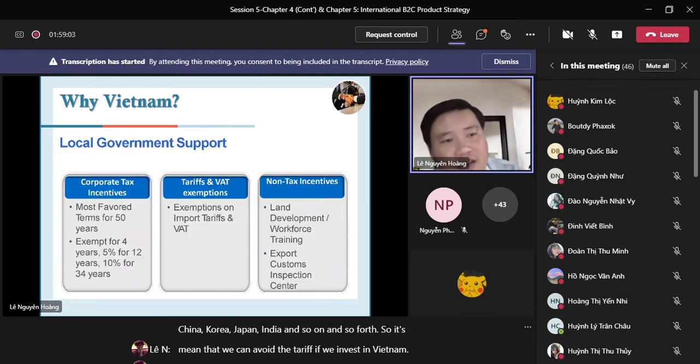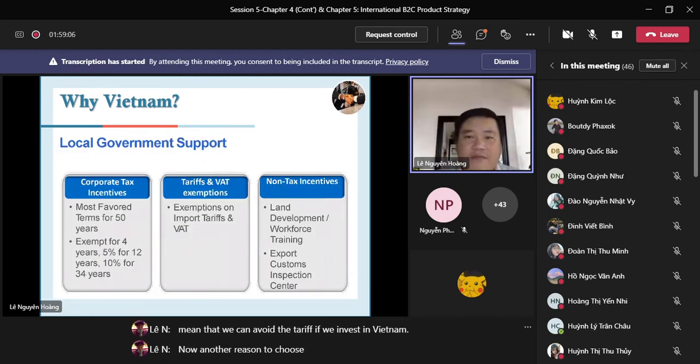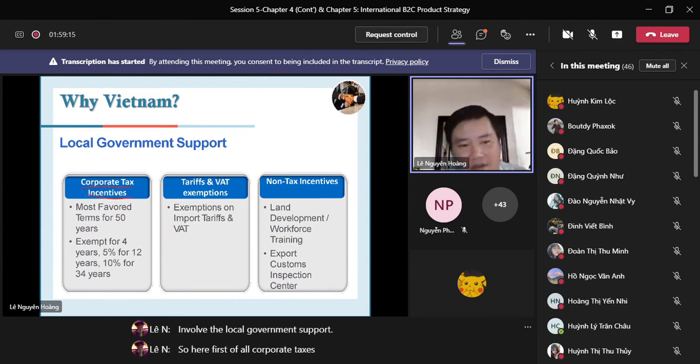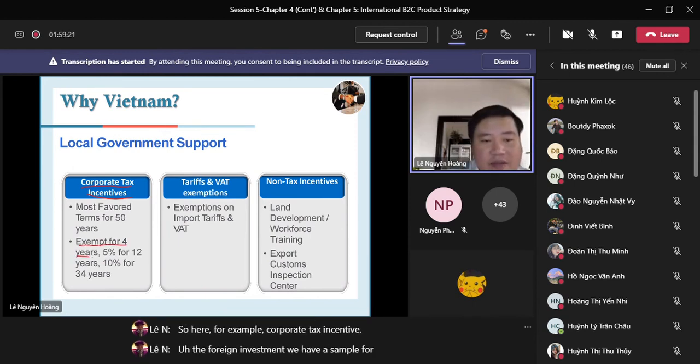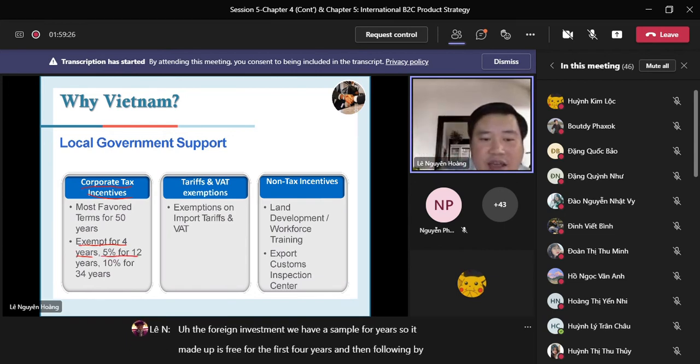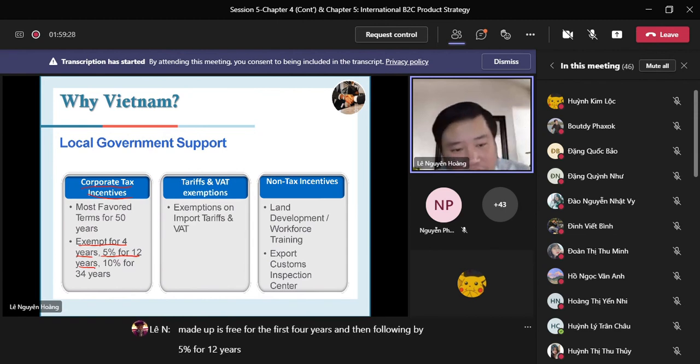Now, another reason to choose Vietnam involves local government support. For example, corporate tax incentives. Foreign investment will be exempt for 4 years, so it means that it's free for the first 4 years, and then followed by 5% for the next 12 years, and 10% for the next 34 years. So it's very attractive.